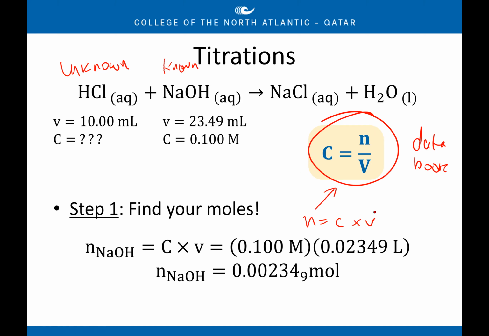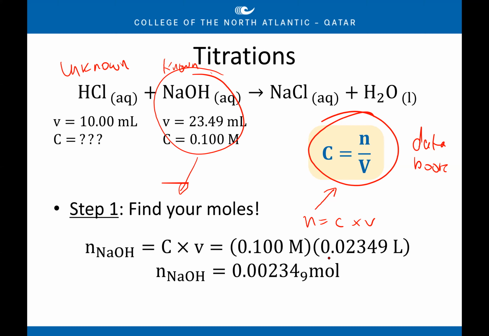Okay, again, you really need to be comfortable in this course with rearranging equations. So moles equals concentration times volume. So I take my known, and step number 1 is to find my moles. So I multiply the 0.1 moles per liter by the 23.49 milliliters.